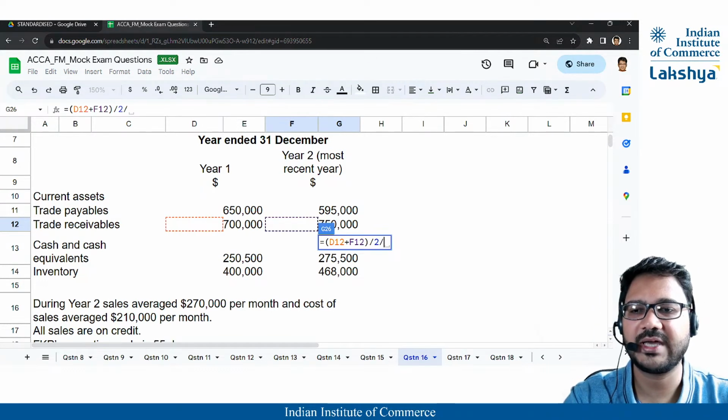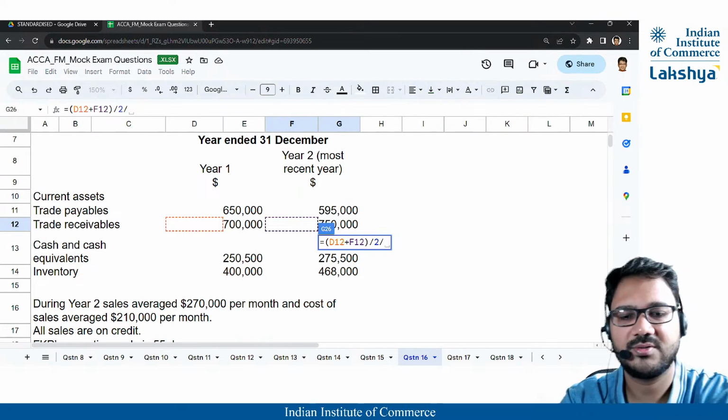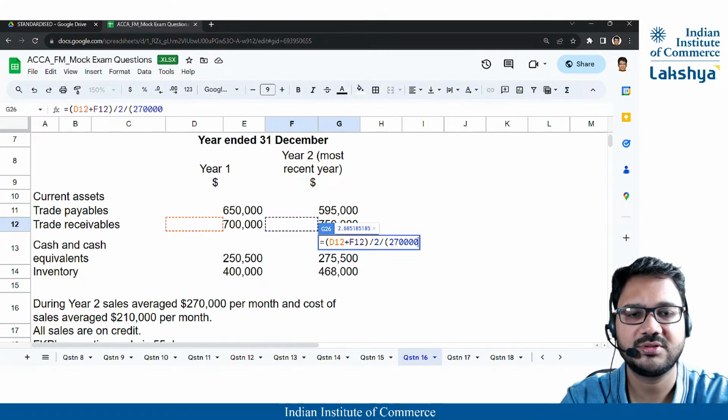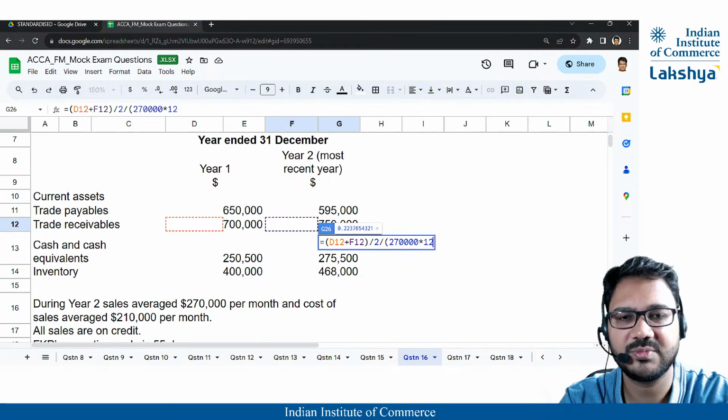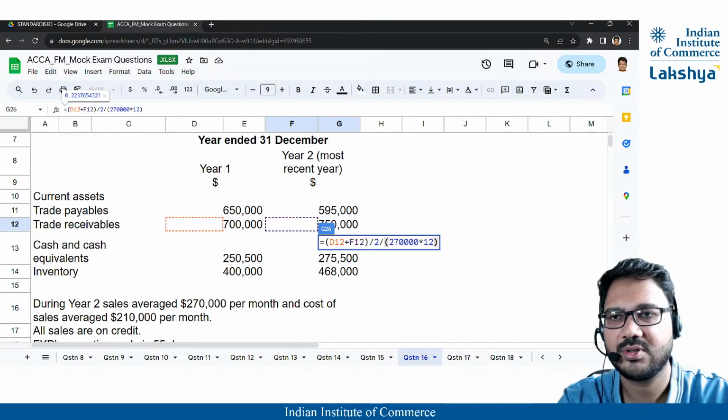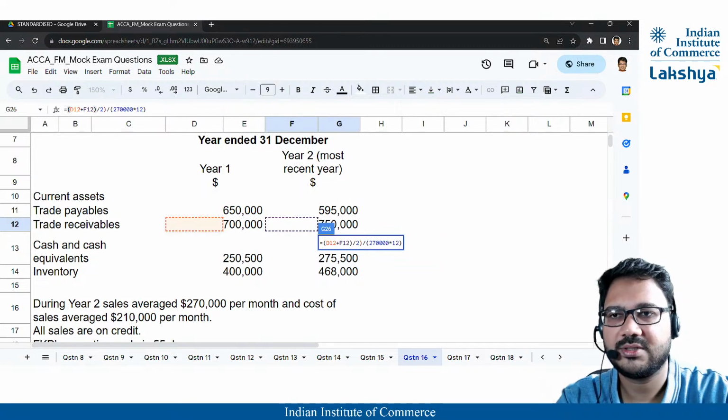Now sales we have for year 2 is 270,000 per month. We want annual sales, so 270,000 into 12. Don't write 270, everything is in complete numbers. So we'll write the numerator also, let me just put a bracket.